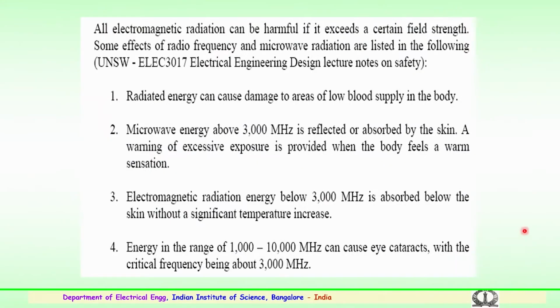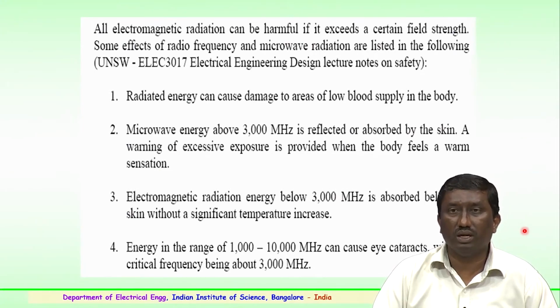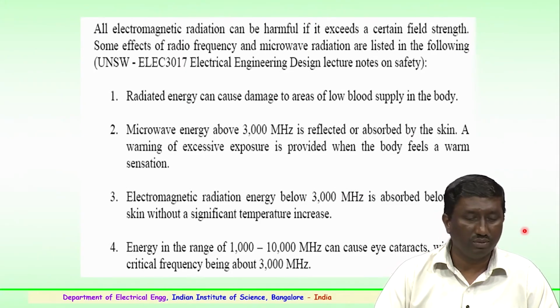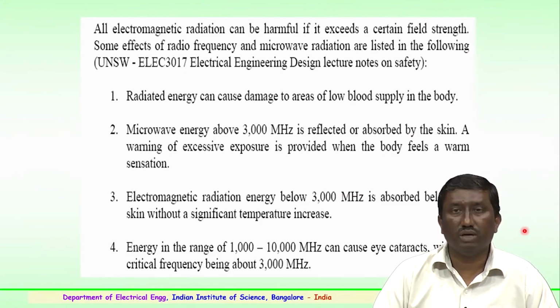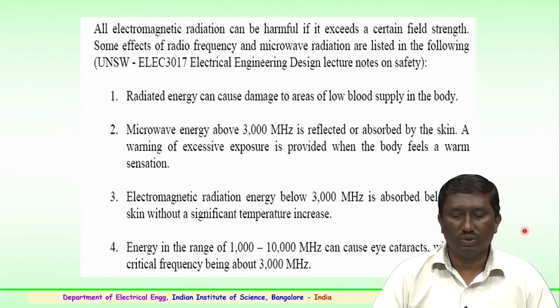All electromagnetic radiation, as available from the literature, could be harmful if it exceeds certain specified field strength limits and exposure is for a long period of time. Some effects of radio frequency and microwave radiations are also listed in the following lecture notes, particularly on the safety aspect. Very important points to be considered.